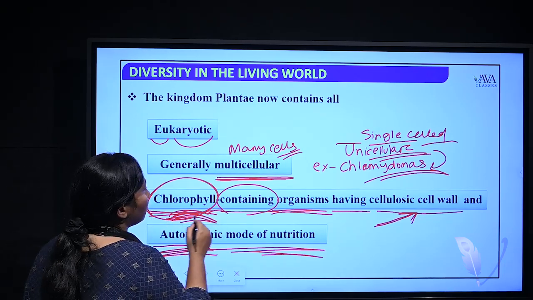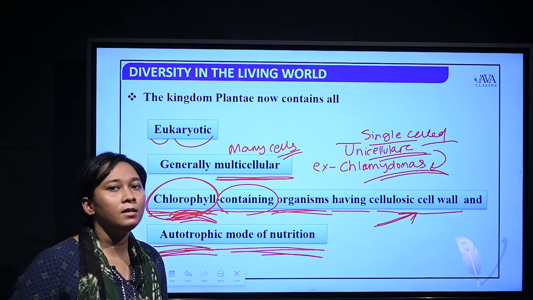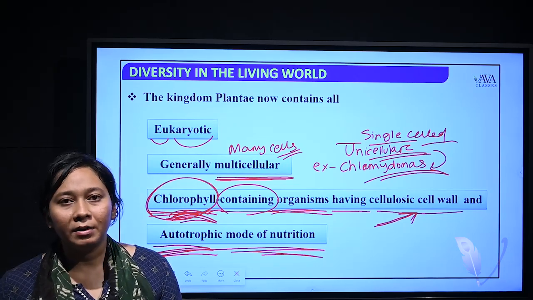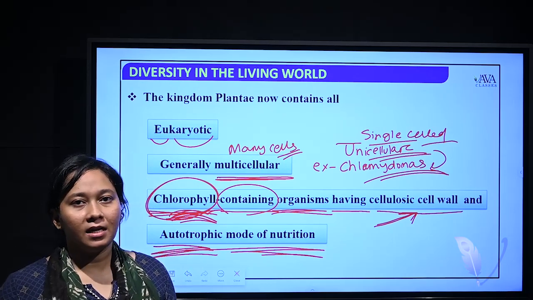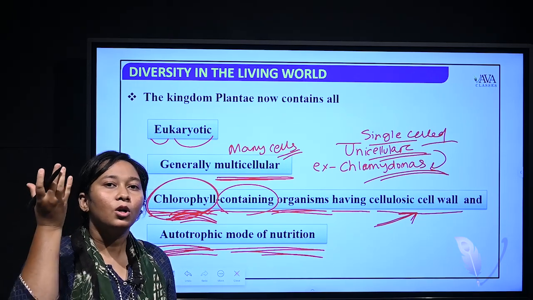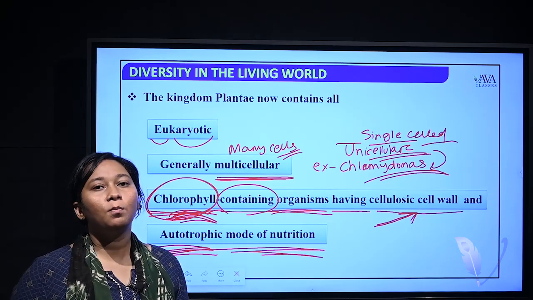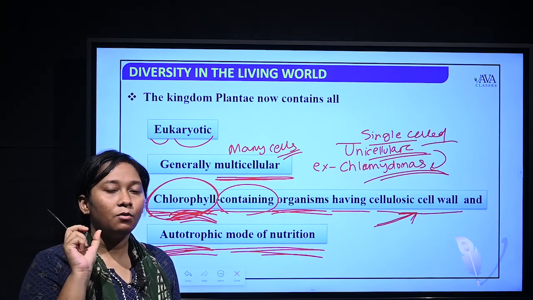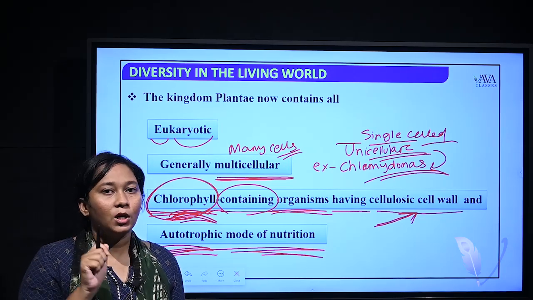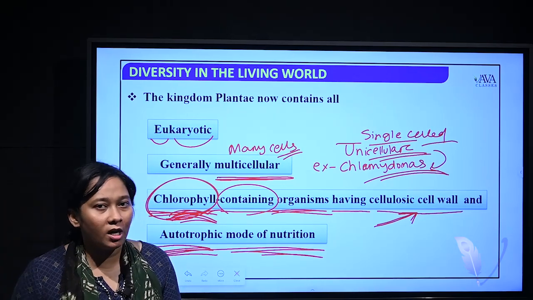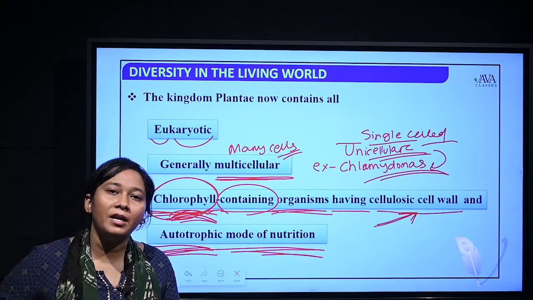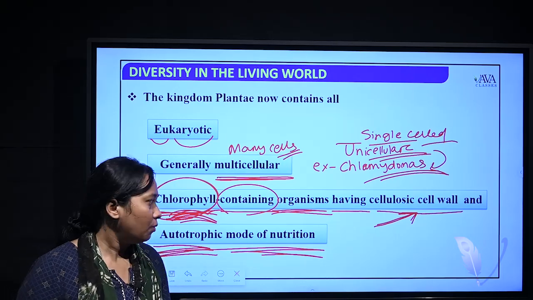Chlorophyll containing organisms. Chlorophyll means what? It means inside their cell there is an organelle, for example your chloroplast, and inside the chloroplast we find chlorophyll. Chlorophyll has the potential to capture sunlight and prepare food with the help of it, okay, clear?